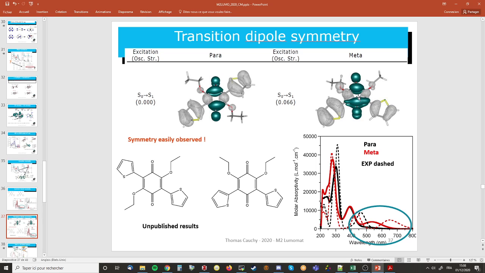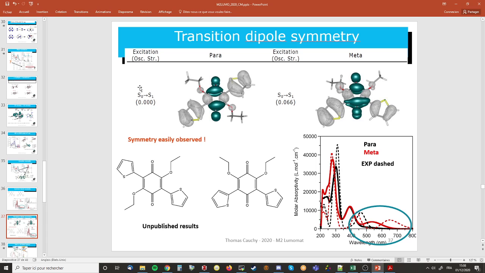So the acceptor part is the carbonyl one, and you populate the pi star. You don't populate the pi because it's already occupied, and you see that the electron density is not between the carbon and the oxygen, it's on the oxygen and on the carbon. So this is the pi star. And you populate a little bit the double bond here. So you give the electrons here, and it loses them from here and here.